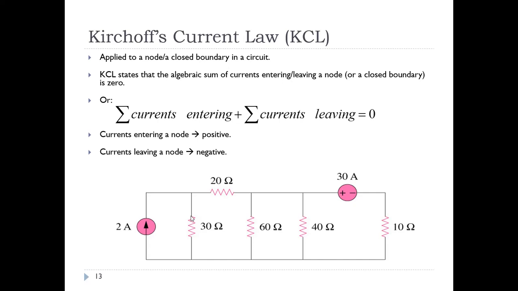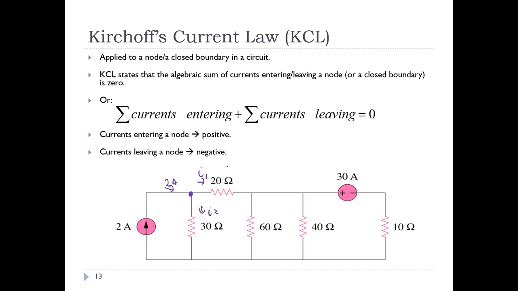Normally we label the currents entering a node as positive and currents leaving a node as negative. So let's say here this is your node and you have 2 ampere current, and here is your I1, for example, here is your I2.